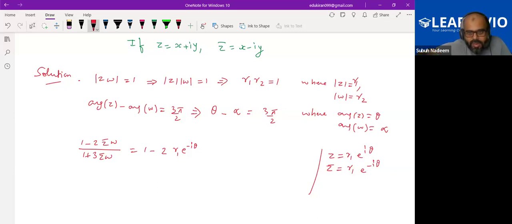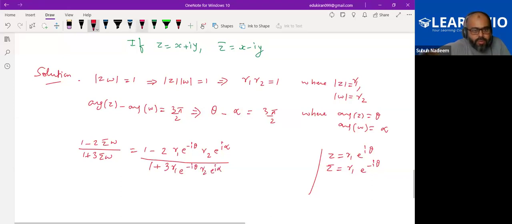Omega is R2 e to the power I alpha. And this is divided by 1 plus 3 Z conjugate, which is R1 e to the power minus I theta into omega, which is R2 e to the power I alpha. So we write it like this.